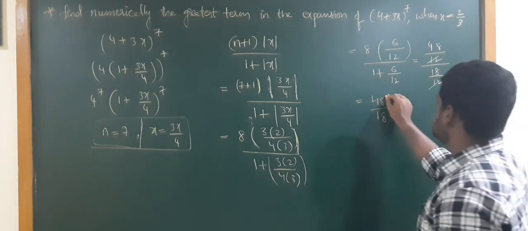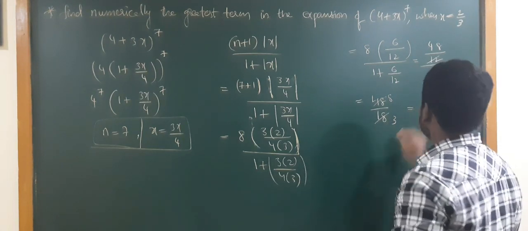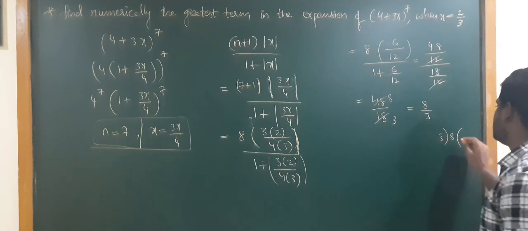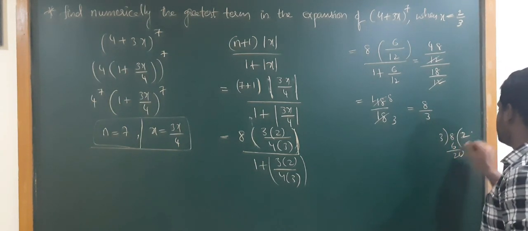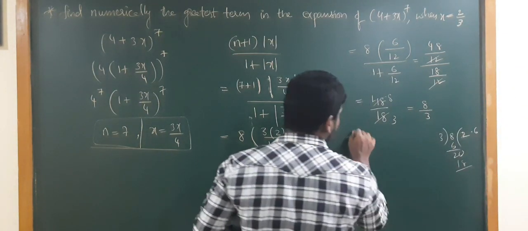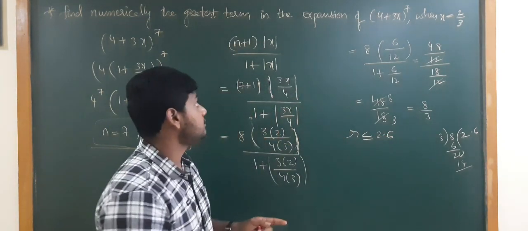Nothing but 6 8s and 6 3s, which is nothing but 8 by 3 we got. 8 by 3 is nothing but 2.6. Here we got r less than or equal to 2.6.